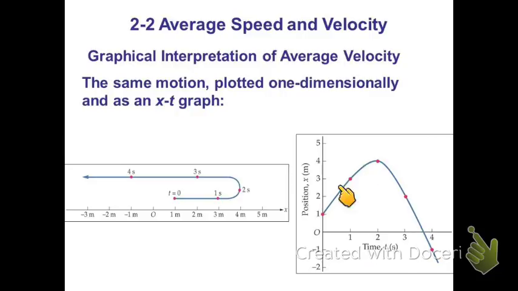Now let's look at how we find the average velocity between any 2 points. First of all, to find the average velocity, we need 2 points, both in x and in time. Of course, in x, let's for example choose between the positions 1 and 4.